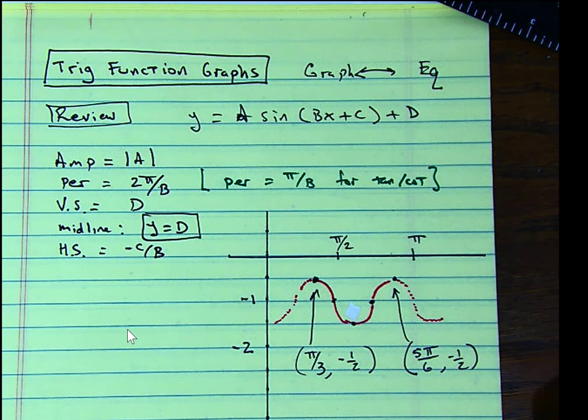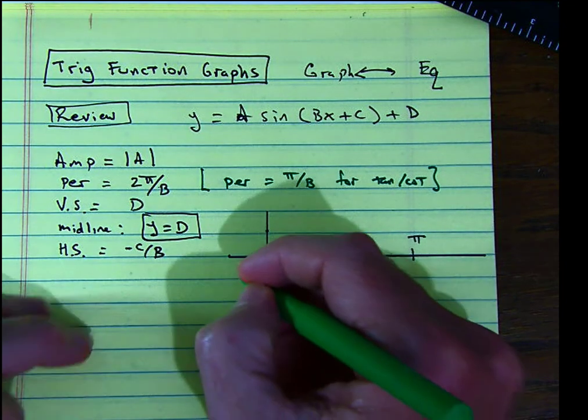So I transferred it over here. Let's see if we can figure this out. So here's my starting point. Pi thirds, negative 1/2, and pi thirds, negative 1/2. And what do we see? Let's start pulling information from the picture.